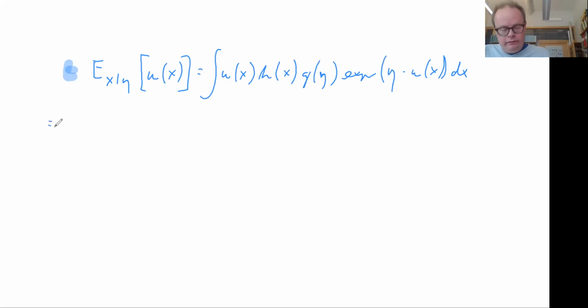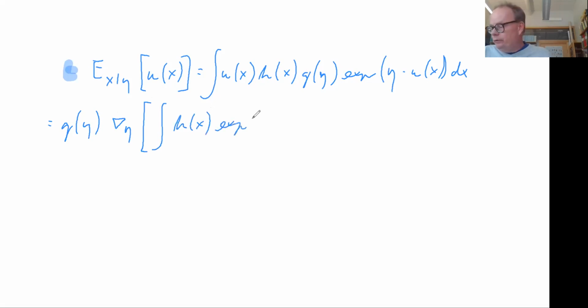So this can be written as, so g of eta can go on the outside. And then in fact, this can be written as the gradient over this eta of the following integral, h of x, the exponent of eta times u of x, dx.